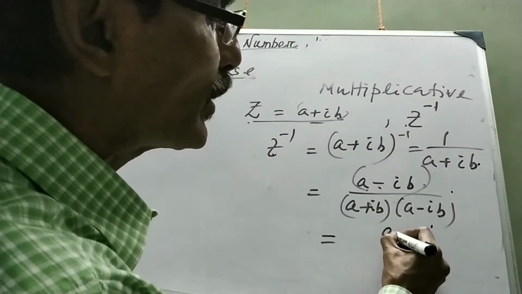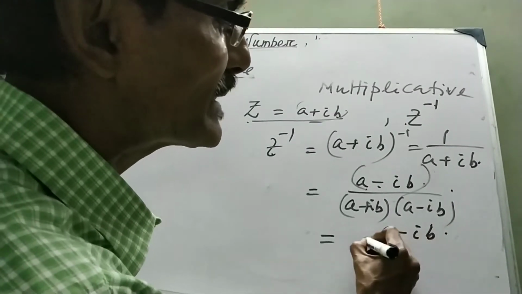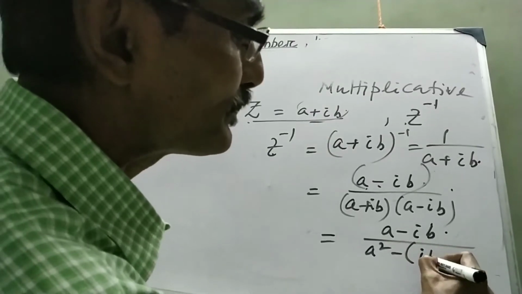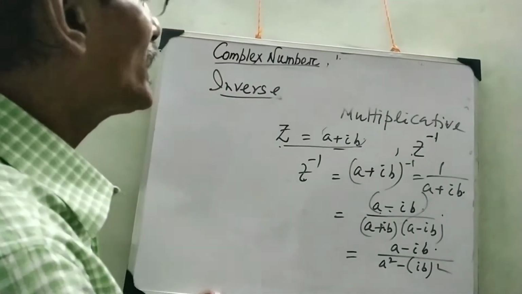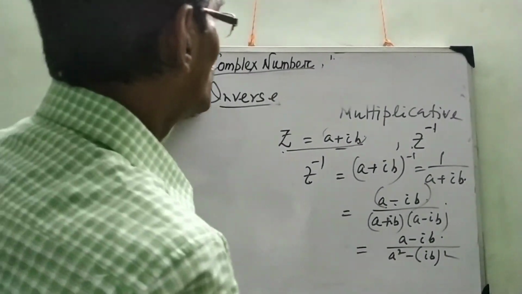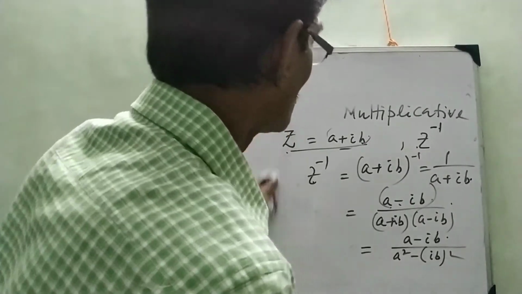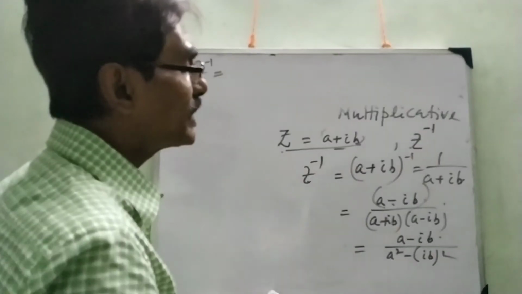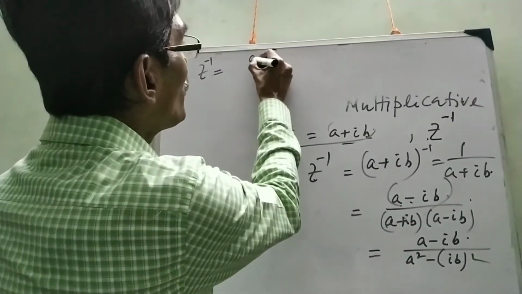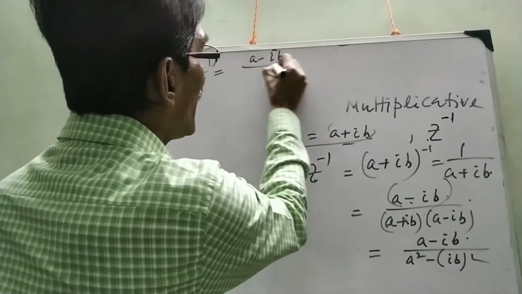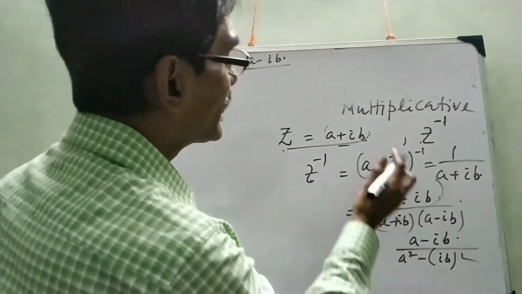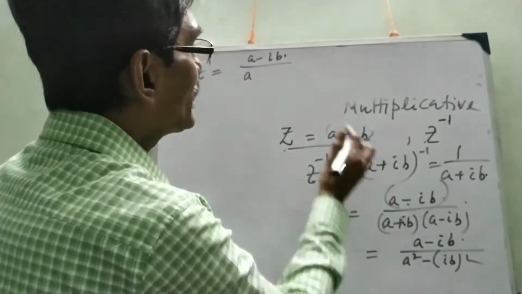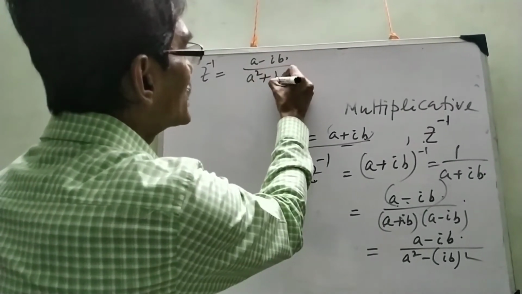You see, both with the conjugate number, we are multiplying the numerator and denominator. We are getting the numerator A minus iB, and in the denominator A square minus i square B square. So finally, what is the answer coming? Try to be clear. Z inverse equal to A minus iB, and in the denominator you are getting A square, and i square is minus, minus and minus plus, B square.